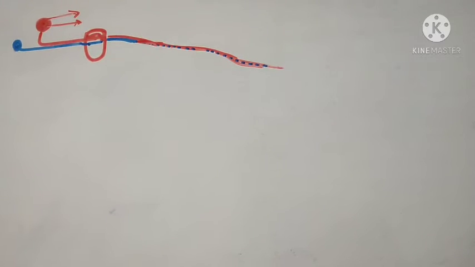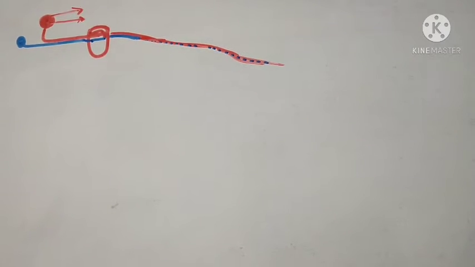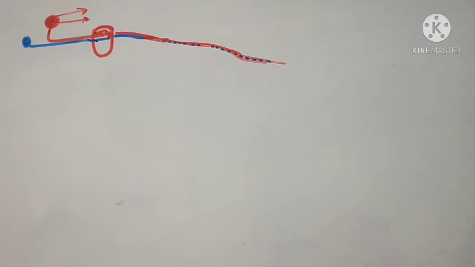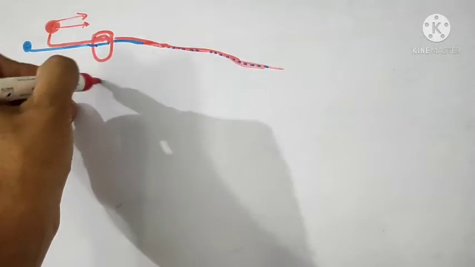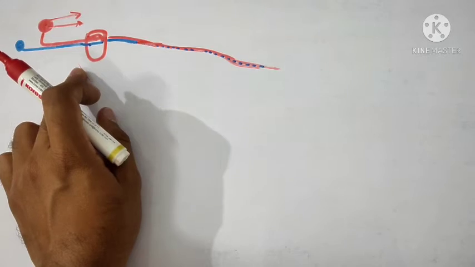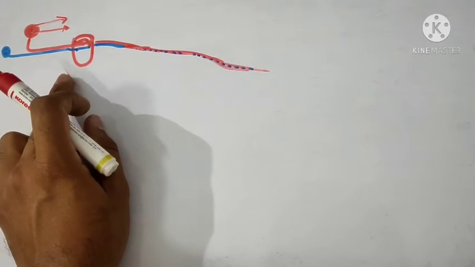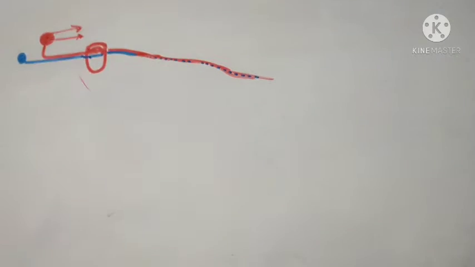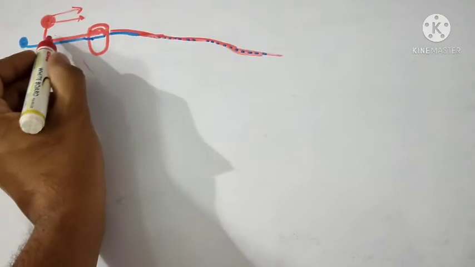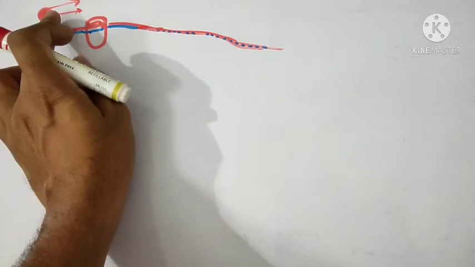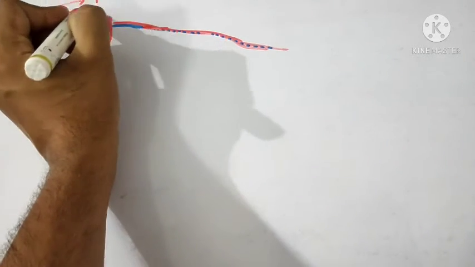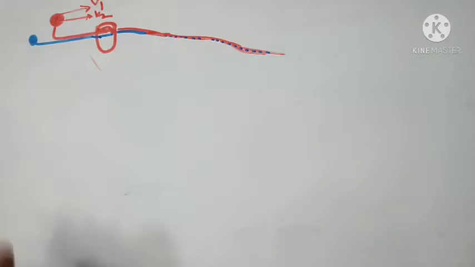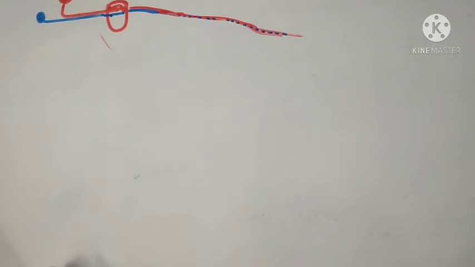The mandibular nerve, after arising from the inferior part of the trigeminal ganglion, enters the foramen ovale. One thing we must remember is that the trigeminal ganglion gives three sensory divisions: V1, the ophthalmic, V2, the maxillary, and the third, the mandibular.